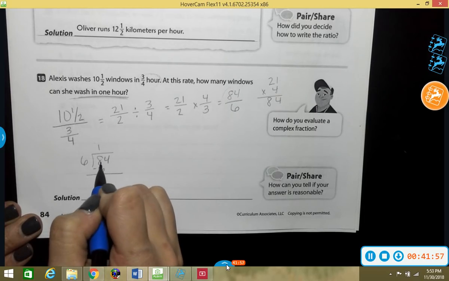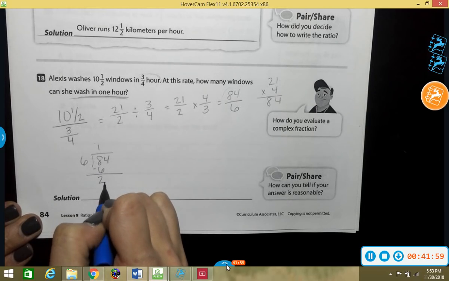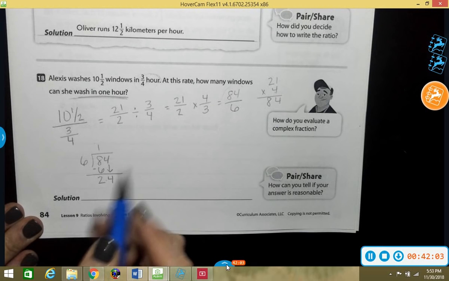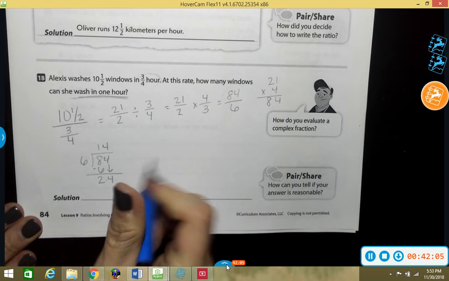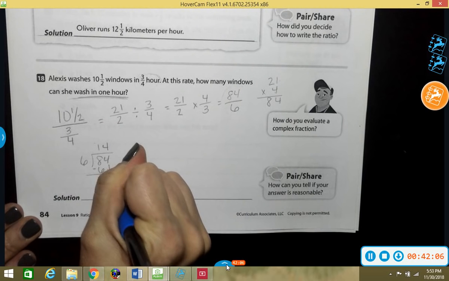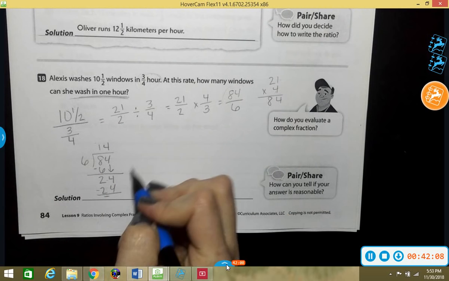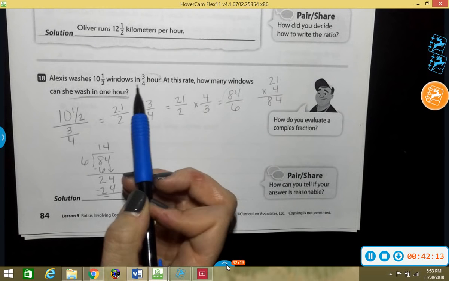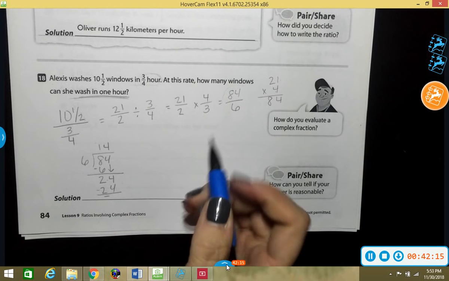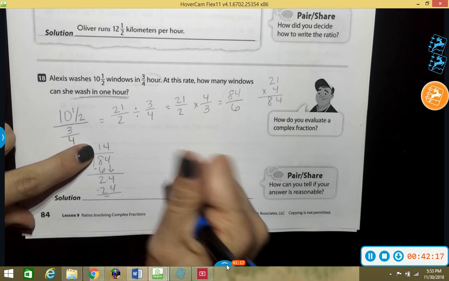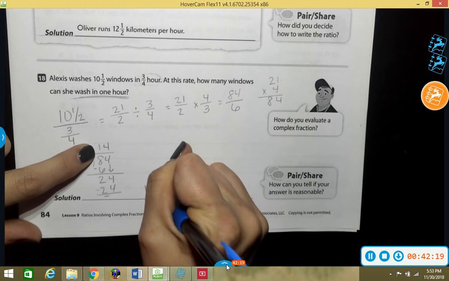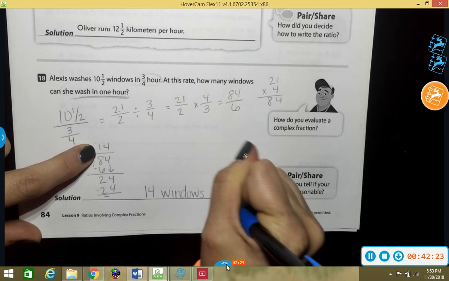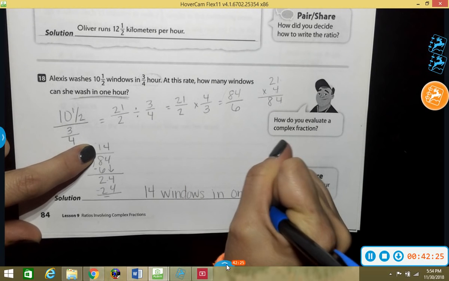Subtract them. 8 minus 6 is 2. Bring down your 4. 6 will go into 24 4 times, and that is 24. So if she washed windows for 1 hour, she would wash 14 windows. 14 windows in 1 hour.